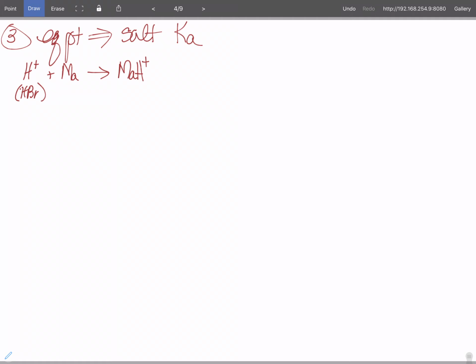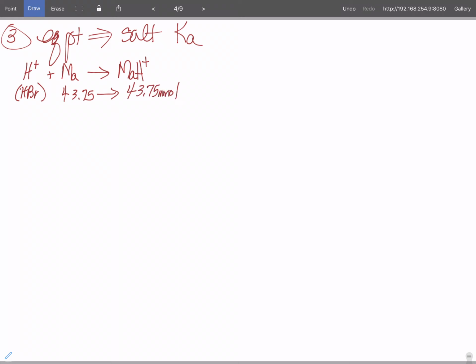Okay? Which means that if we started with how many millimoles? 43.75. Then we are going to convert it to the salt.